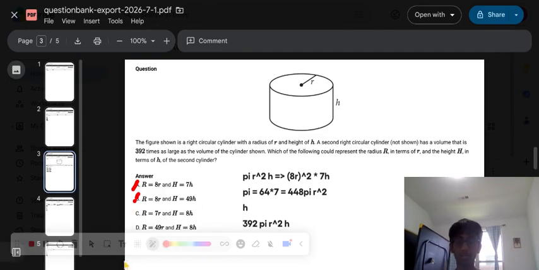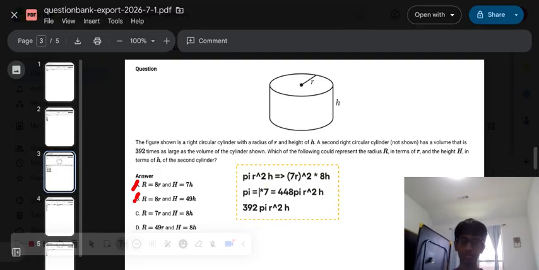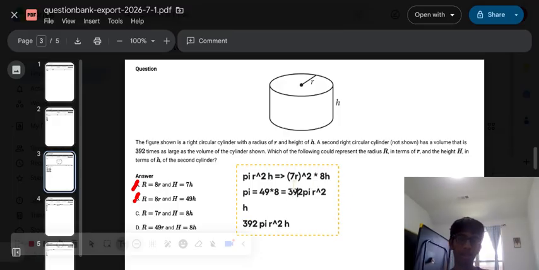We can move on to option choice C next, and we have 7r and 8h. So this would lead to 49 times 8, which is 392 pi r squared h, which is our answer.